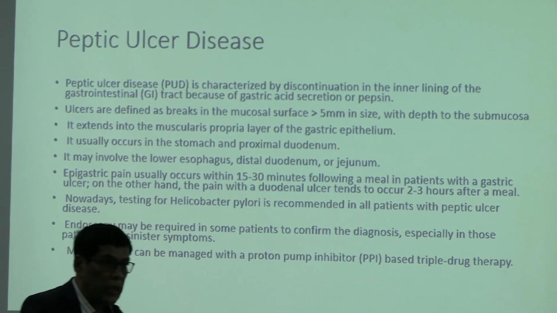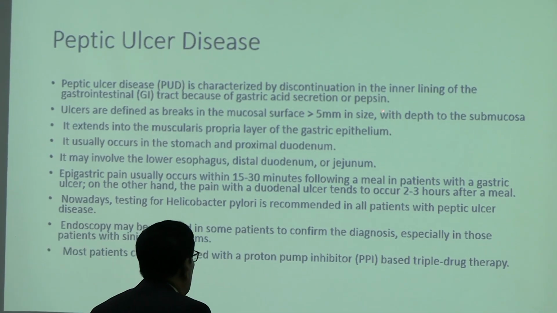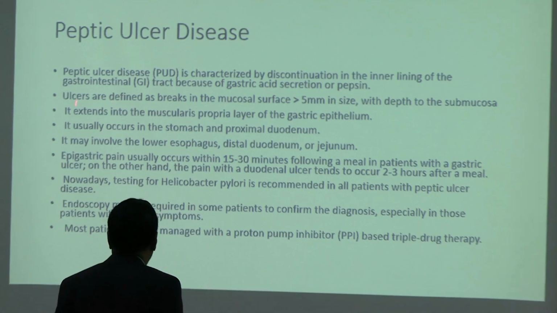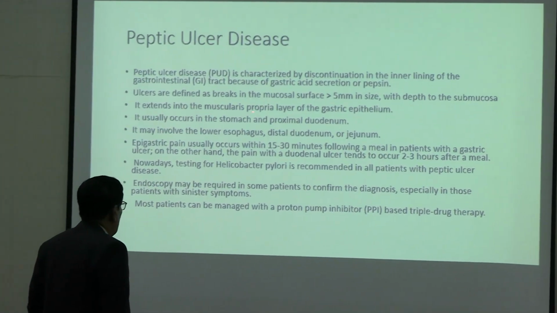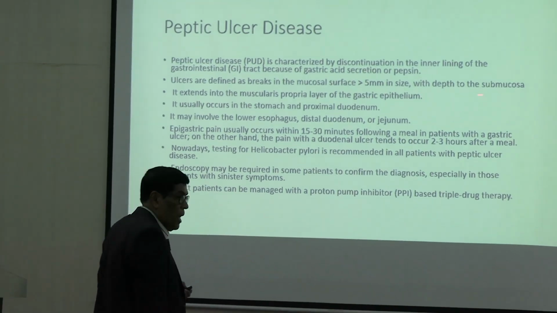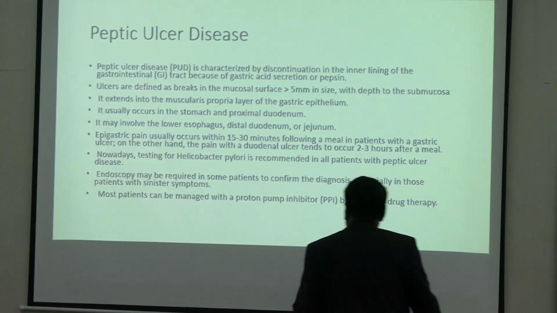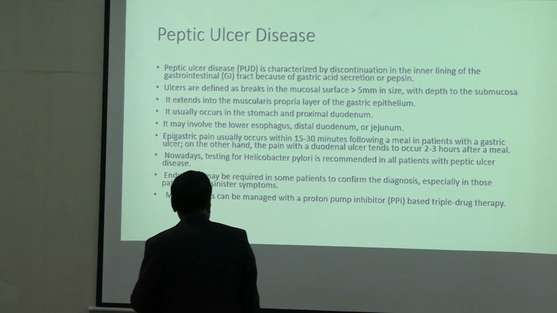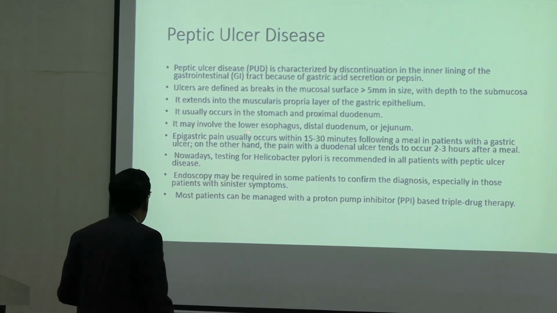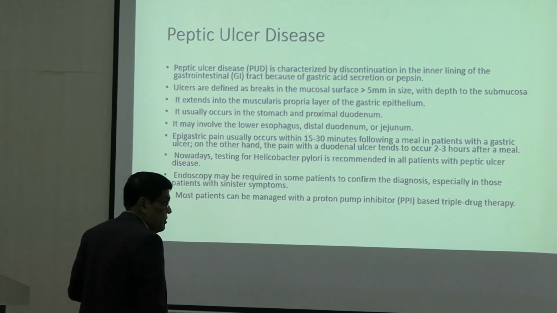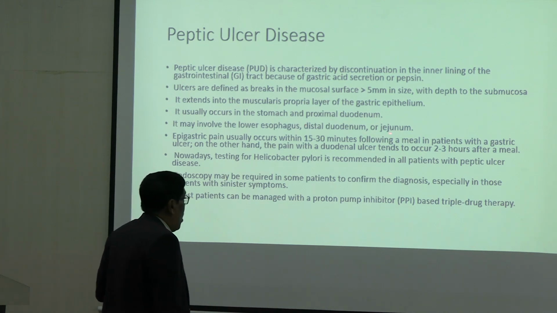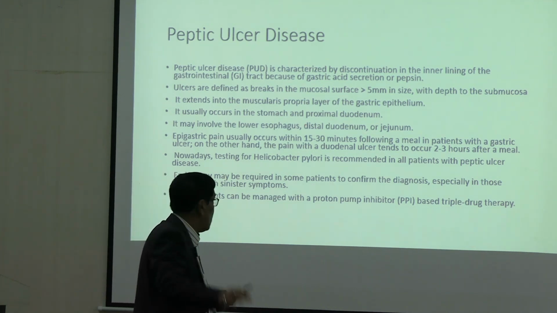This also holds good for ulcers of the skin, with depth to the submucosa. It extends into the muscularis propria layer of the gastric epithelium. I will show you the histological slide of your stomach. It usually occurs in the stomach and proximal duodenum. It may involve the lower esophagus, distal duodenum or jejunum. That you know where the ulcer occurs.